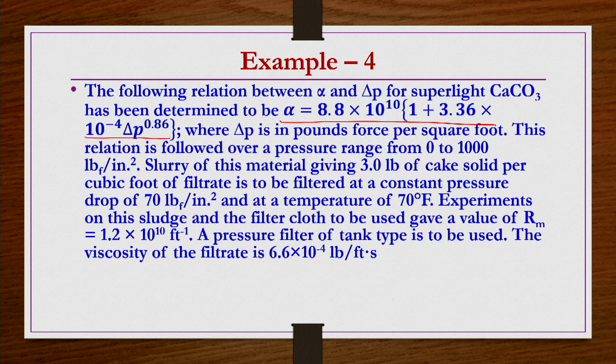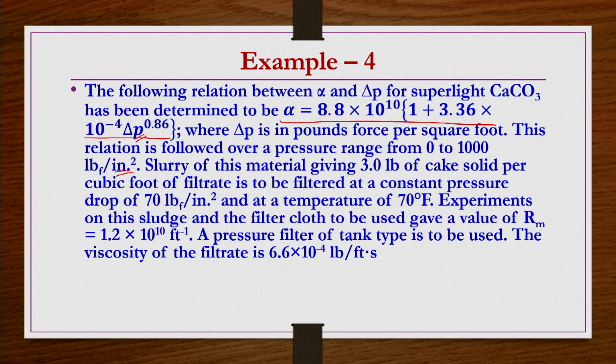Delta P is in pounds force per square foot. So, in this equation, if you want to get the alpha value for a given delta P value, delta P has to be in lbf per feet square. This relation is followed over a pressure range of 0 to 1000 lb force per inch square, but this range is given in inch square, so you have to convert it to feet square.